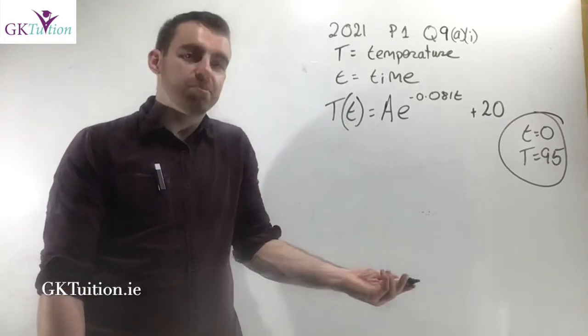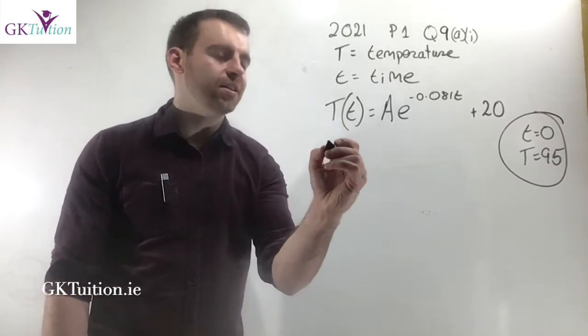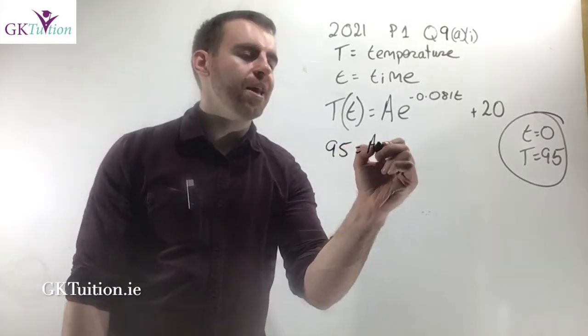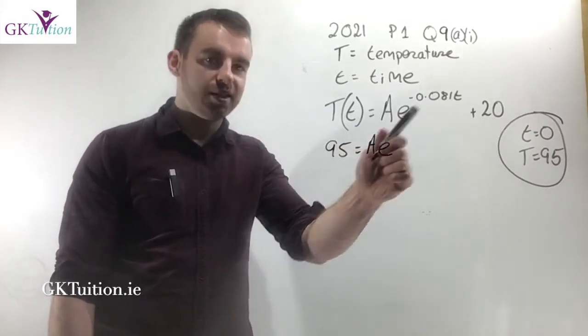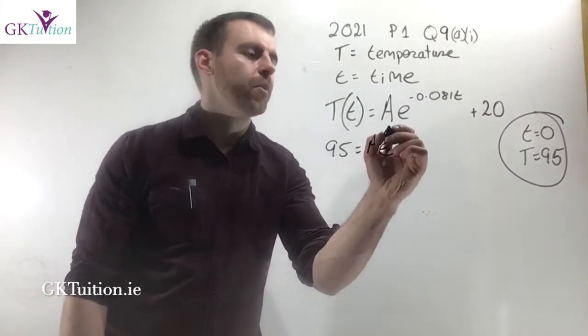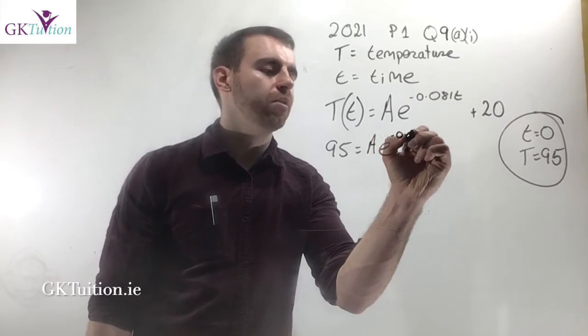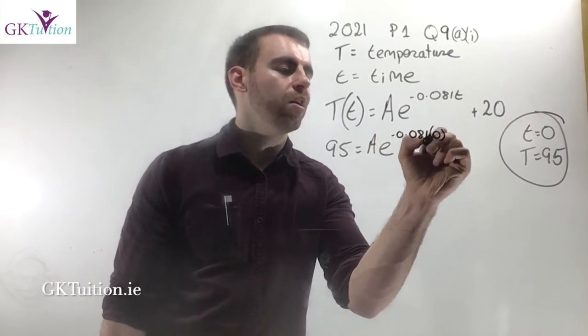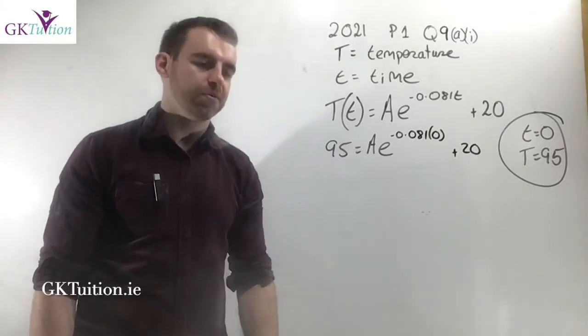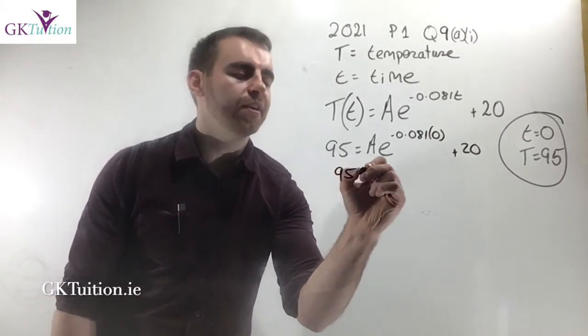So in this case, it just means you sub in. T of t, the temperature of the coffee, is 95 degrees. And that's equal to A e, and small t, the time since the coffee was brewed, in this scenario is 0. So this actually just becomes minus 0.81 times 0, and obviously the 20 is a constant, so nothing happens to it. But look what happens to the power of e there.